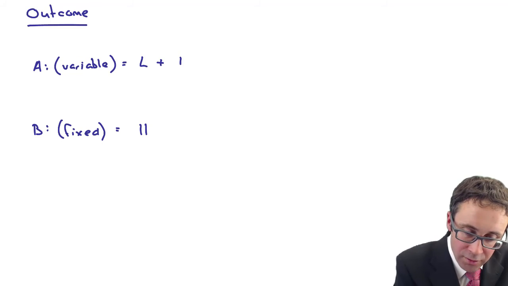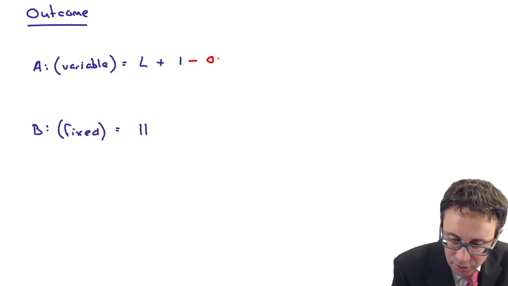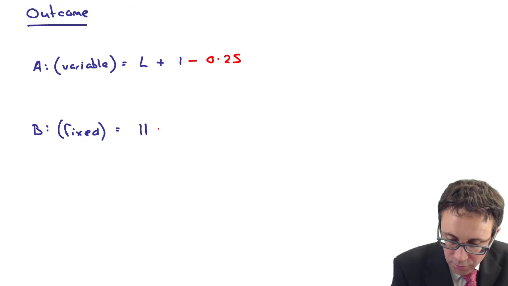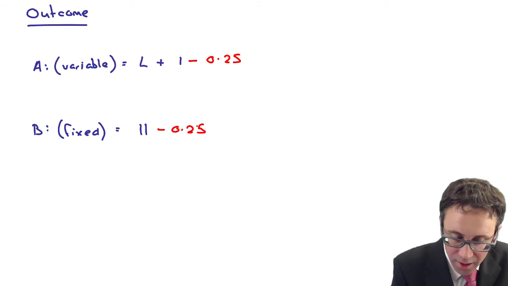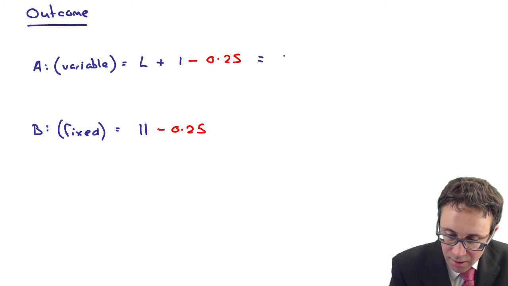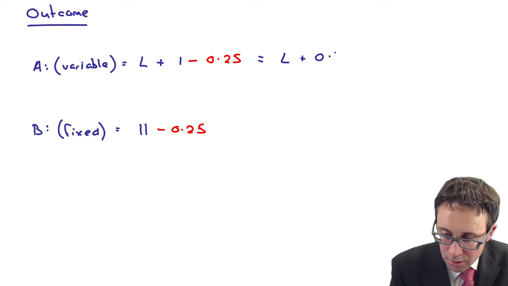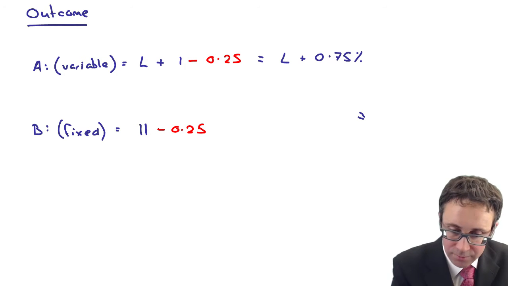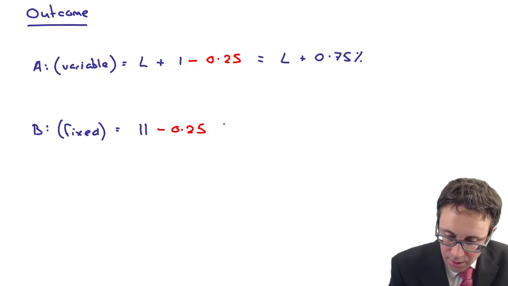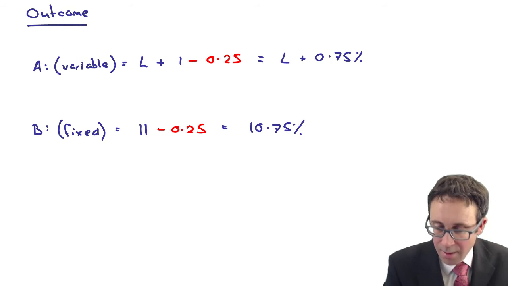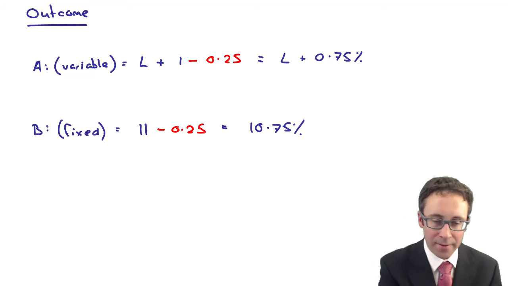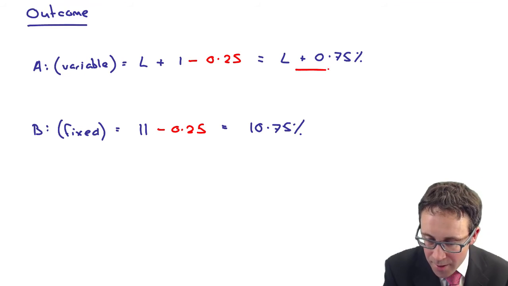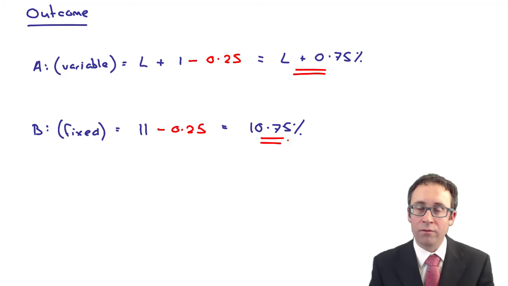Don't forget, though, you've got the savings. It will make a saving by entering into the swap of 0.25 and 0.25, which means LIBOR plus 0.75% for A, and 10.75% for B. That should then be the outcome of the swap.